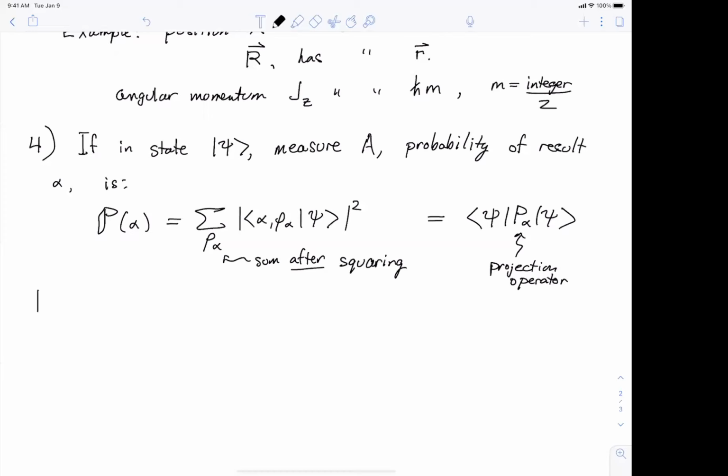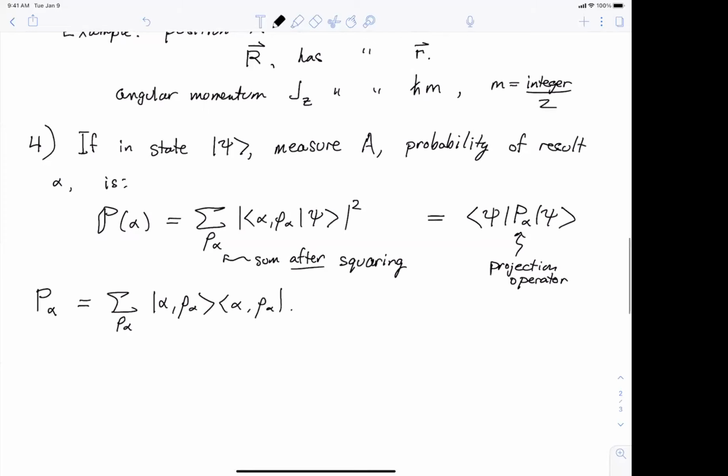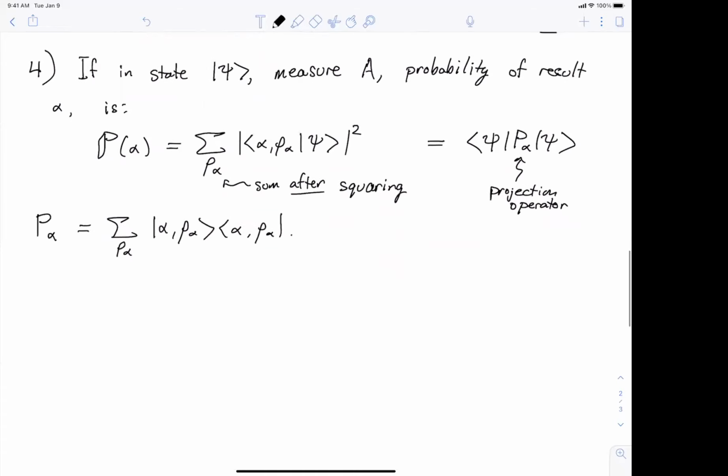The projection operator that one puts in there is a sum over the degeneracy labels of alpha, rho alpha, corresponding to the measurement that you made. Among the properties of a projection operator is that if you square it, doing it twice is the same thing as doing it once.